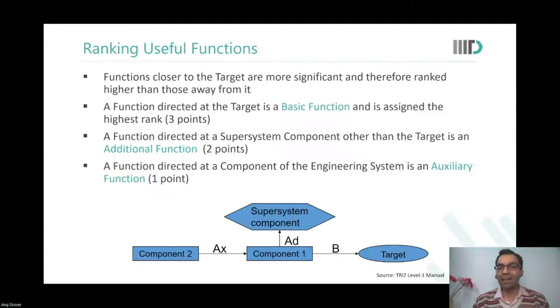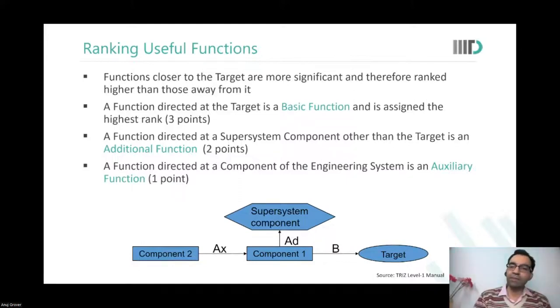A function directed at any other supersystem component is an additional function. Again, it may not be the main function of the engineering system, but it is still an important function because it is acting on the supersystem. It is called an additional function. It is assigned 2 points. A function directed at a component of the engineering system itself is an auxiliary function and assigned only 1 point.